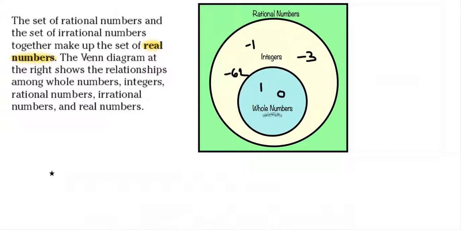Let me give you an example. A good example would be negative 1/2. Negative 1/2 is a rational number, but it's not an integer, nor is it a whole number. Another example is 0.2. It's a rational number, because it can be expressed in the form of A over B, but it's not an integer, nor is it a whole number.